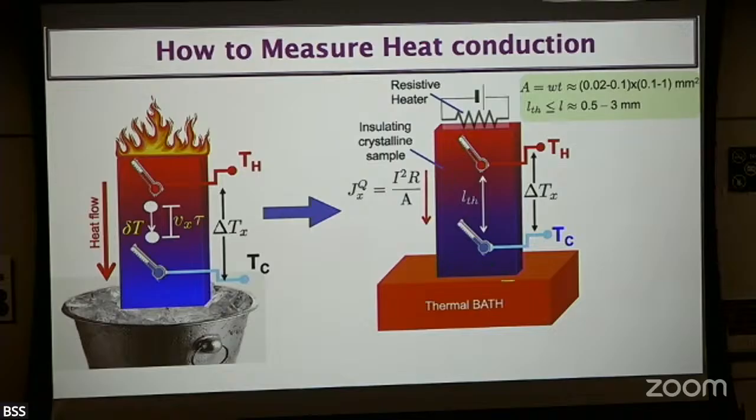And the sample is very well anchored, and "well" is a very important part, anchored to the thermal bath. So all the heat going in has to leave through the bath. Okay, and then we measure two temperatures here. The important thing is that your heat current has to be mostly one-dimensional.